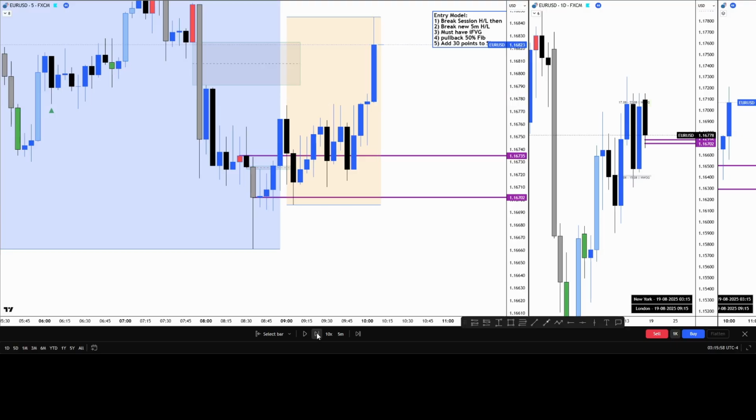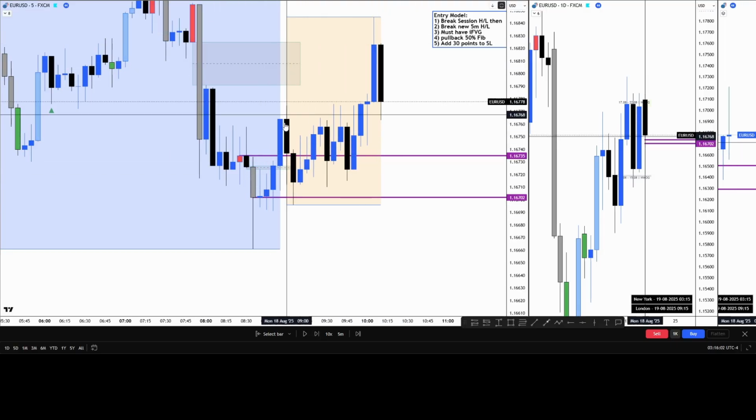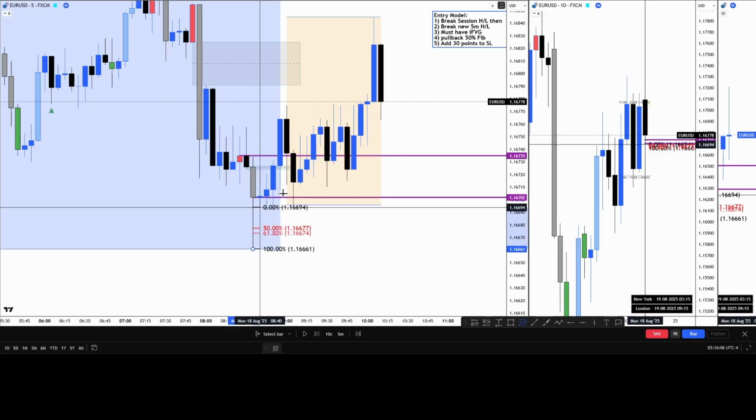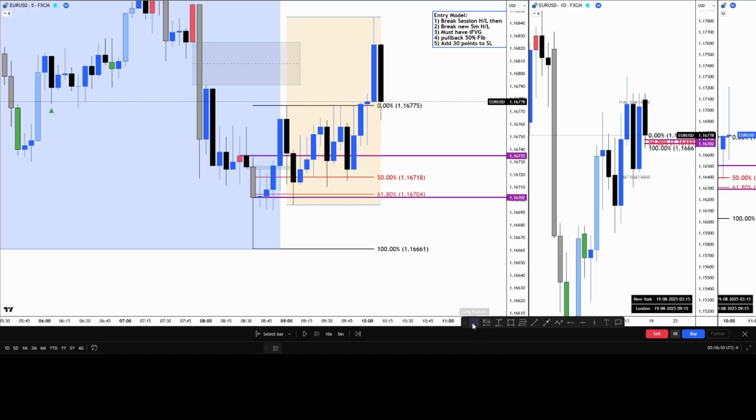Wow. So price did have a significant reaction off this area. Let's have a look. If we didn't worry about being in the new session, what could have happened?